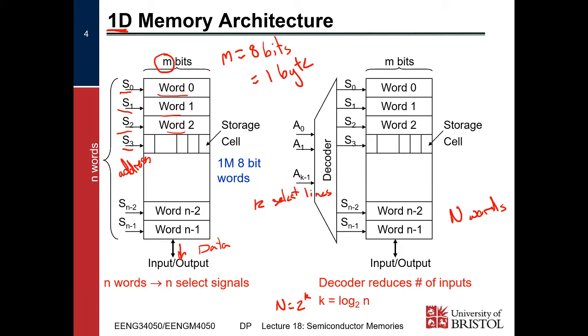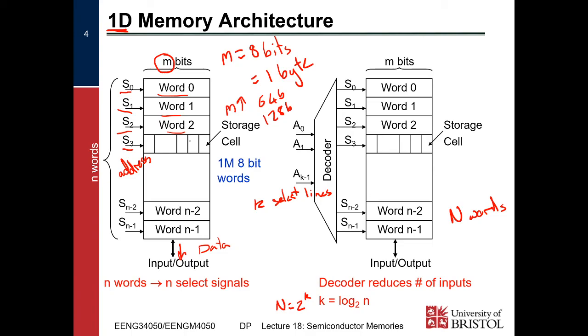As processors have gotten more advanced, we've said we actually want to deal with more data at one time, because we're able to do that on our processor. We've got small enough transistors that we can process 32 or 64 or 128 bits at a time, and so m has increased, and now you're more likely to see 64-bit or 128-bit words on your storage cell.